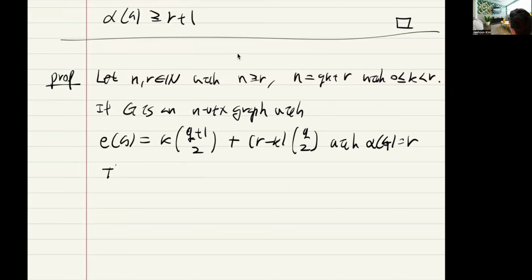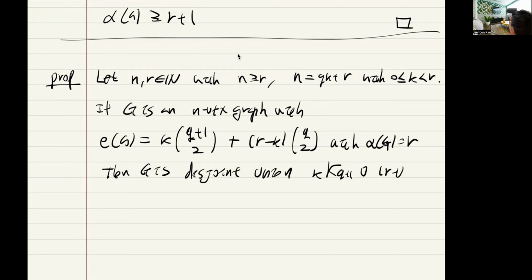Then G is a disjoint union of k copies of K sub q plus 1 and r minus k copies of K sub q, complete graphs.